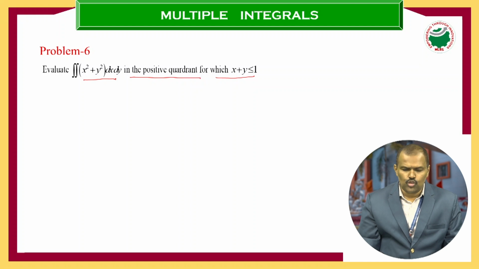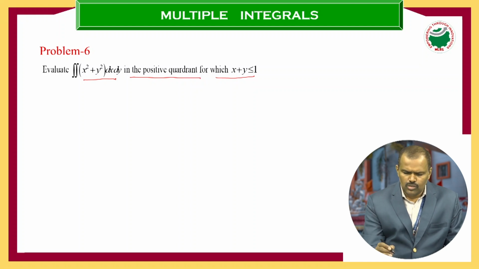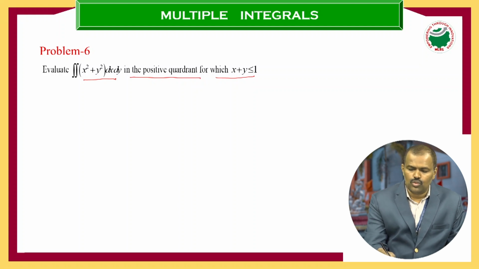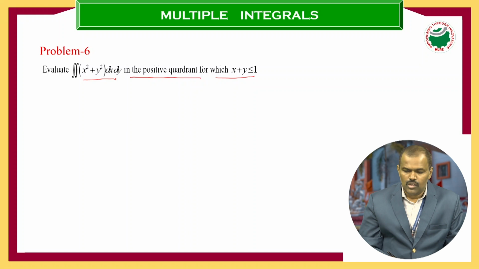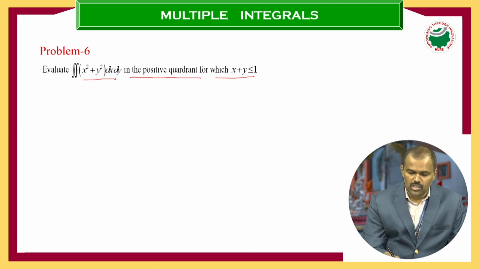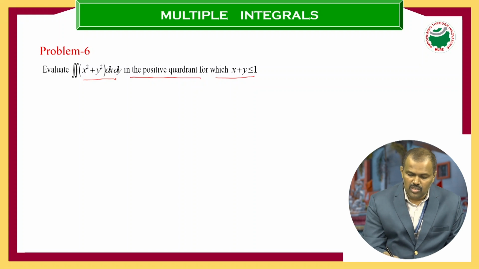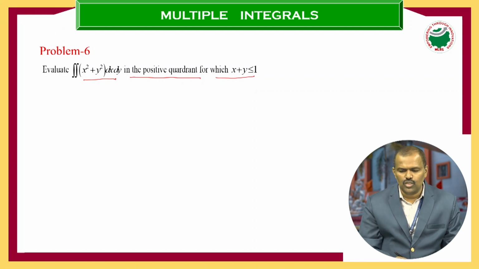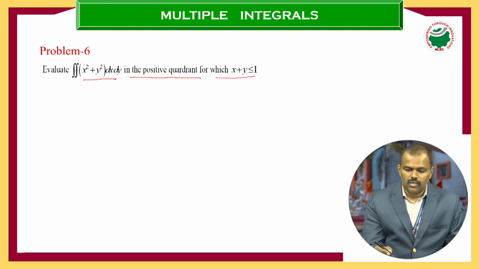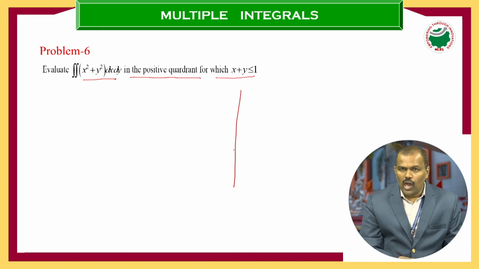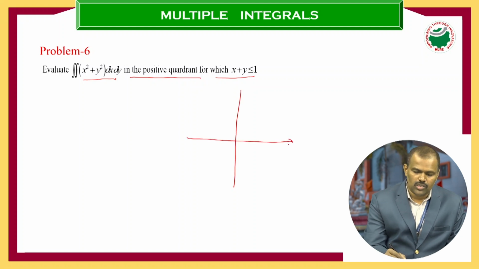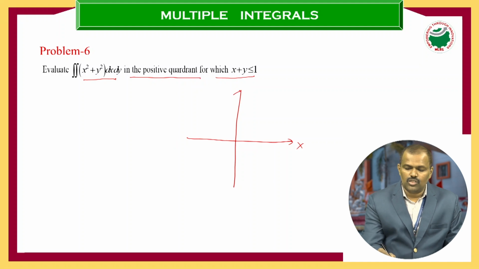The line joining two points. What are the points? On the x-axis, the y coordinate is 0. Substitute y equal to 0, then what is x? 1. So one point is 1 comma 0. On the x-axis, the line touches at the point 1 comma 0. And on the y-axis, the x coordinate is 0, so we take x equal to 0 in this equation.